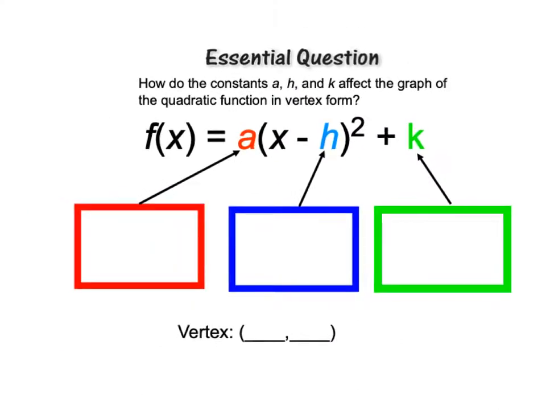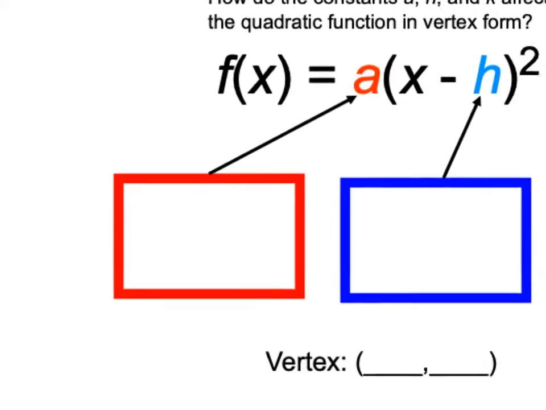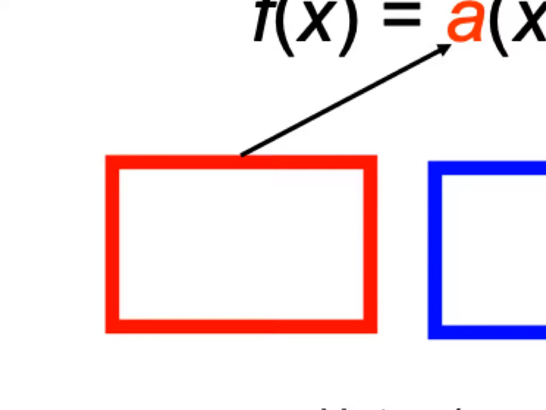Okay, so here we have what is called vertex form, and the parts of the equation that we need to know are highlighted and colored in here, and we already should know what each of these things do. Okay, so we should know that that number out in front, A, if A is greater than 1, that means that it is going to stretch it taller and skinnier.